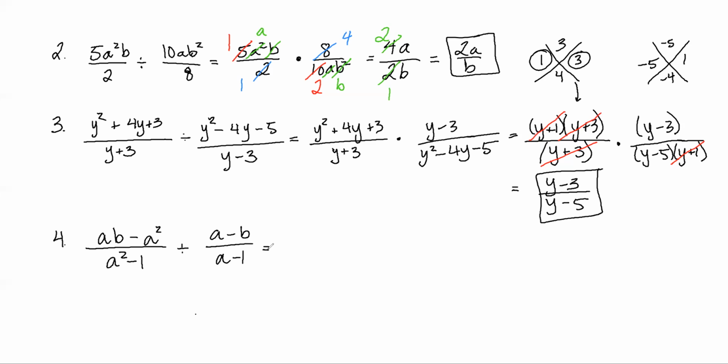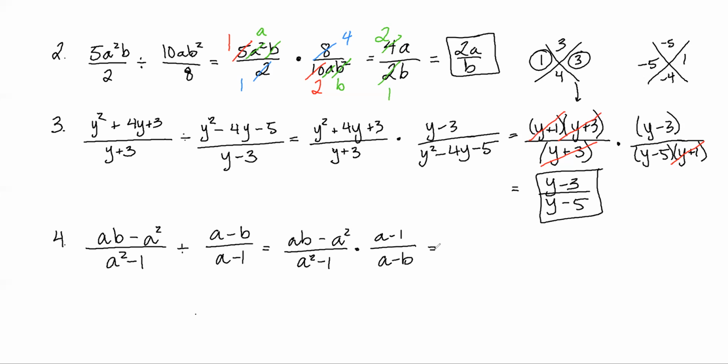Again, what is the first thing we're going to do here? Go ahead and flip our fractions. So keep the first one the same and multiply by the reciprocal of our second fraction, so A minus 1 over A minus B.